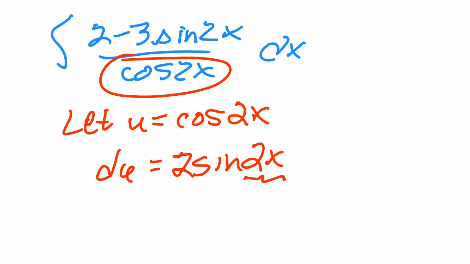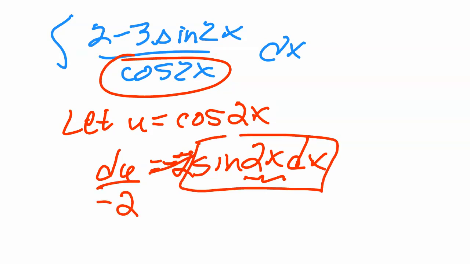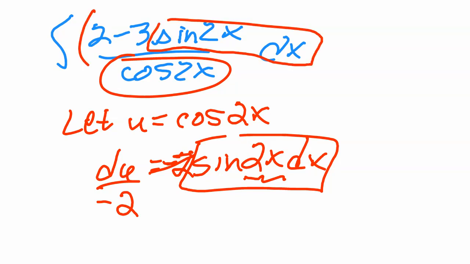So I'm just going to rewrite that minus 2 out front, and then I've got the dx here. So the question is, of course, du over minus 2 is sine 2x dx. Well, I kind of have that, but I've got this other crud in the front here. I've got my sine 2x dx on the last part, but really it's all of that times dx.